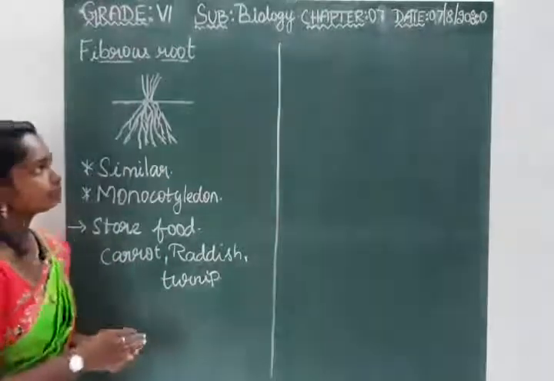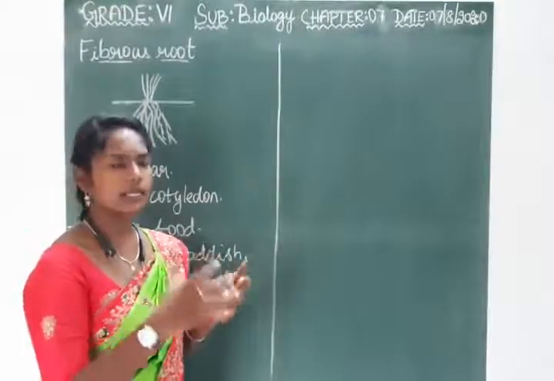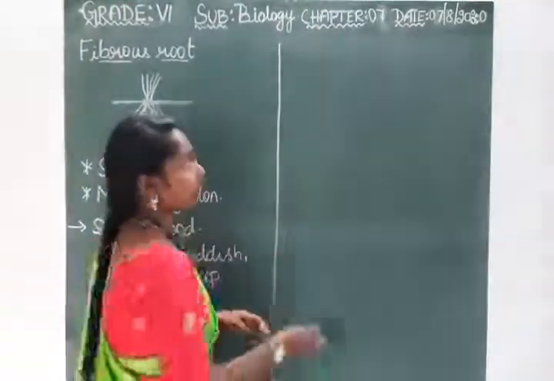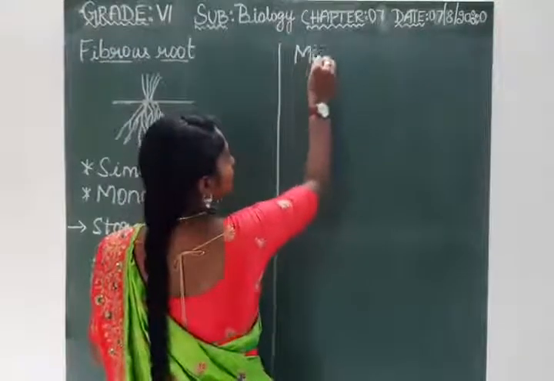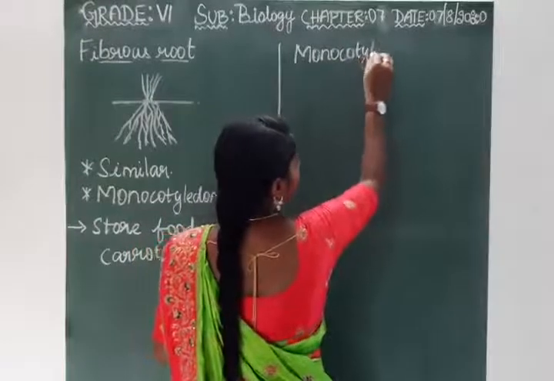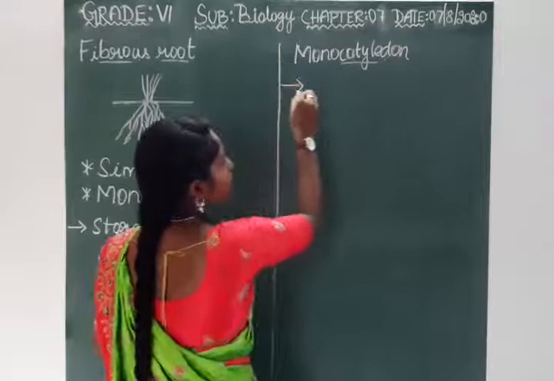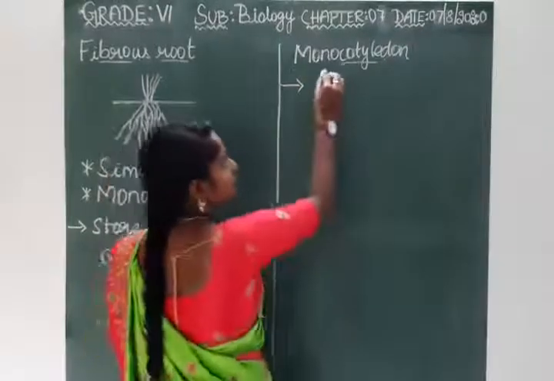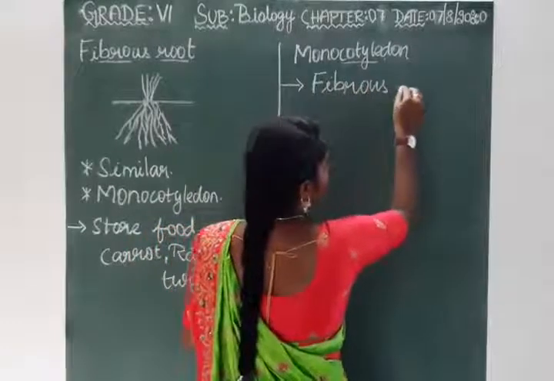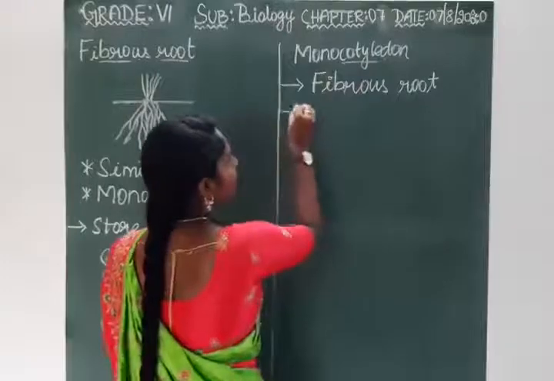Next, we have learned about the root system and the leaf venation. Now we can prepare a table. If you see in the seeds of monocotyledon, we have certain characters. Monocotyledon has the fibrous root system. And the leaf venation.